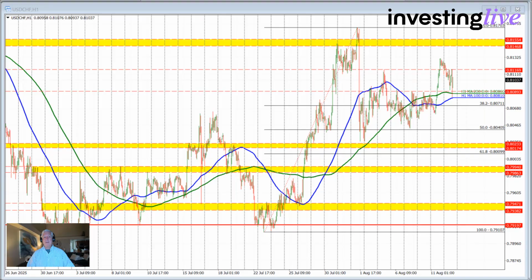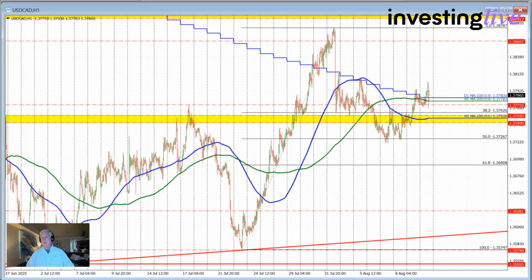We'll take a look at the dollar versus Canada next. We'll focus on the hourly chart, and you can see the price moved above the 100-day moving average and the 200-hour moving average in trading yesterday, but fell back off into the close. In trading today, we tried again to move to the upside, falling back below the level once again off the CPI, and now we're trying to move back above it.